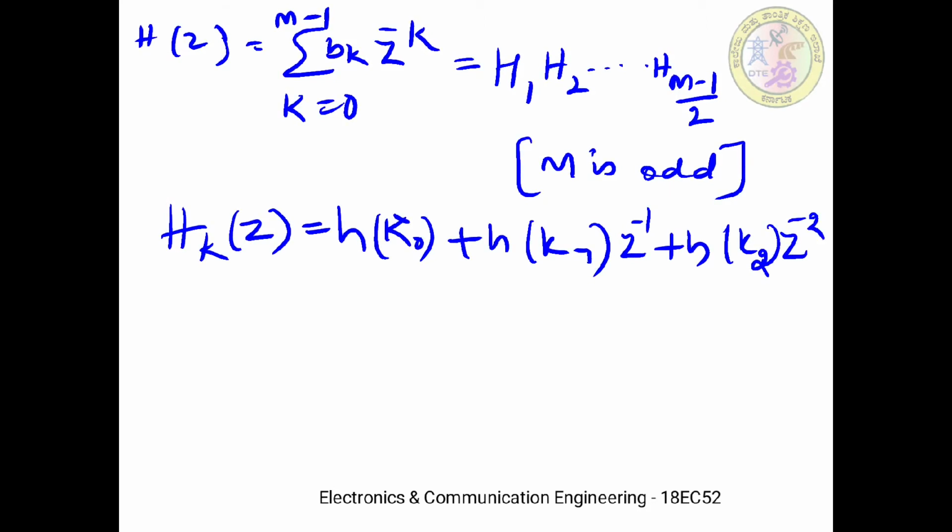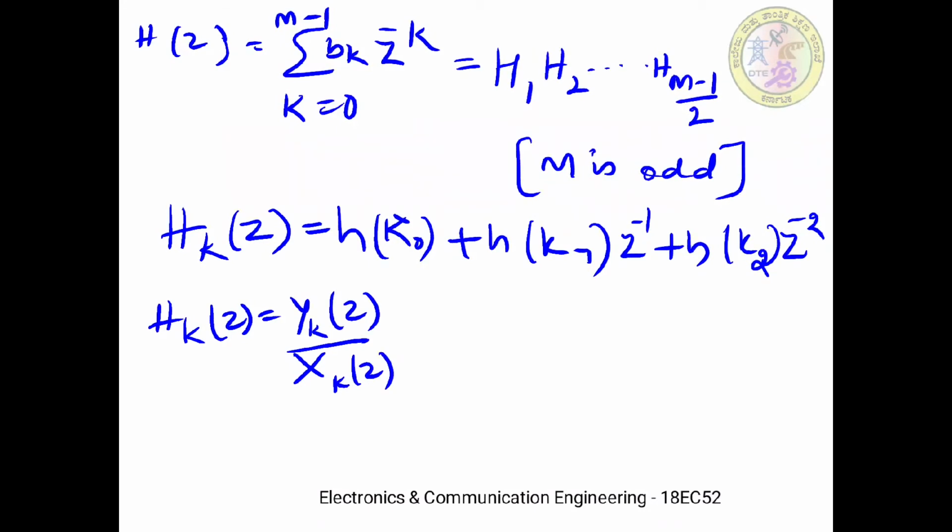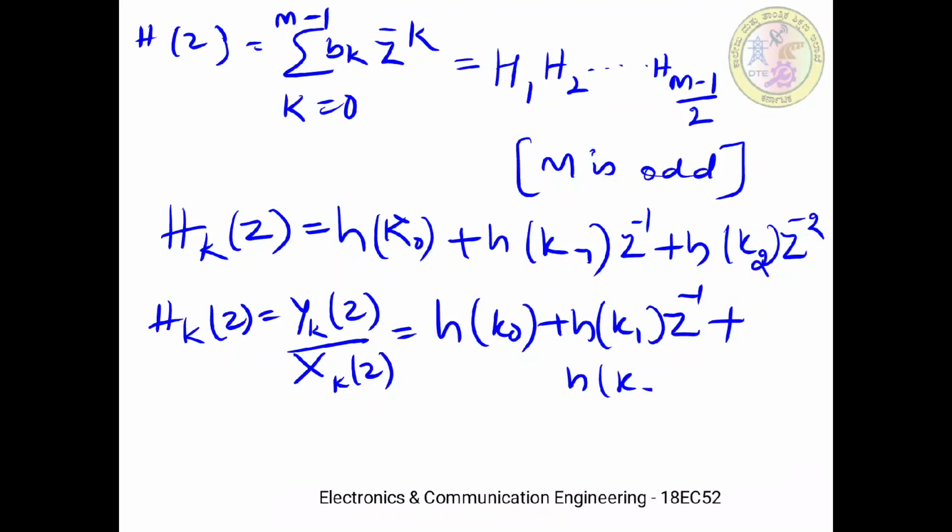For an individual transfer function, the difference equation can be obtained from H of z equal to Yk of z by Xk of z, that is h of k0 plus h of k1 z inverse plus h of k2 z to the power of minus 2.